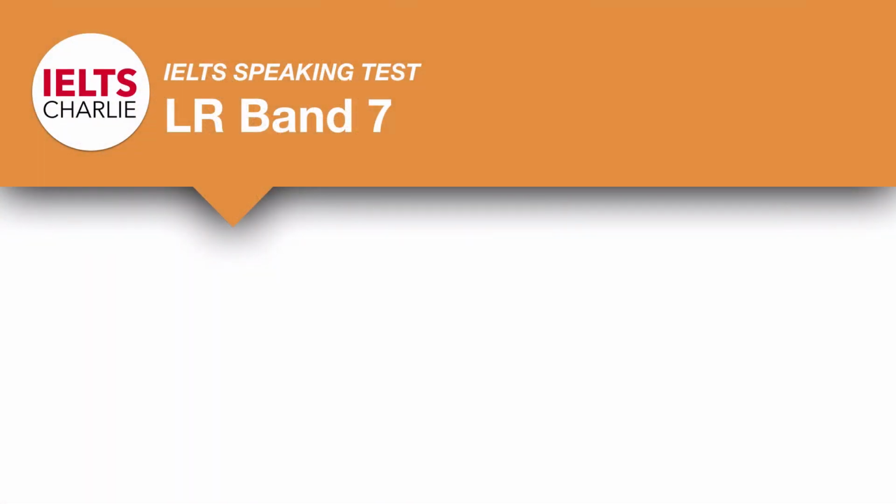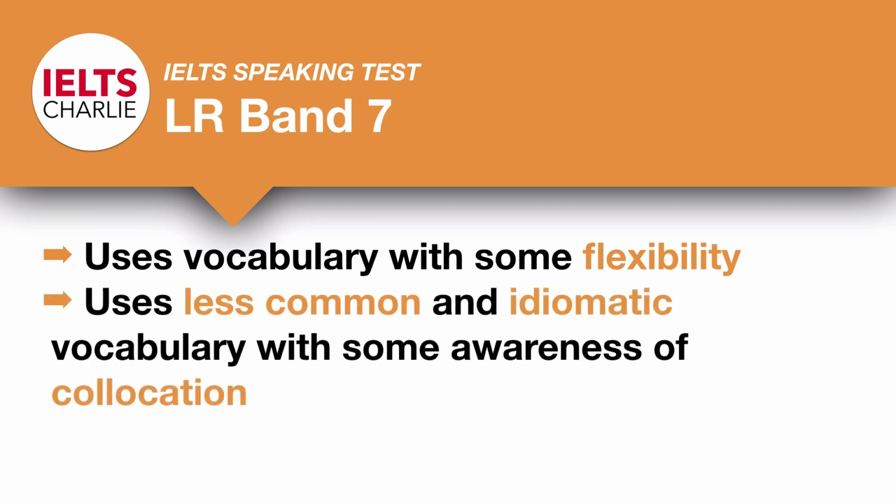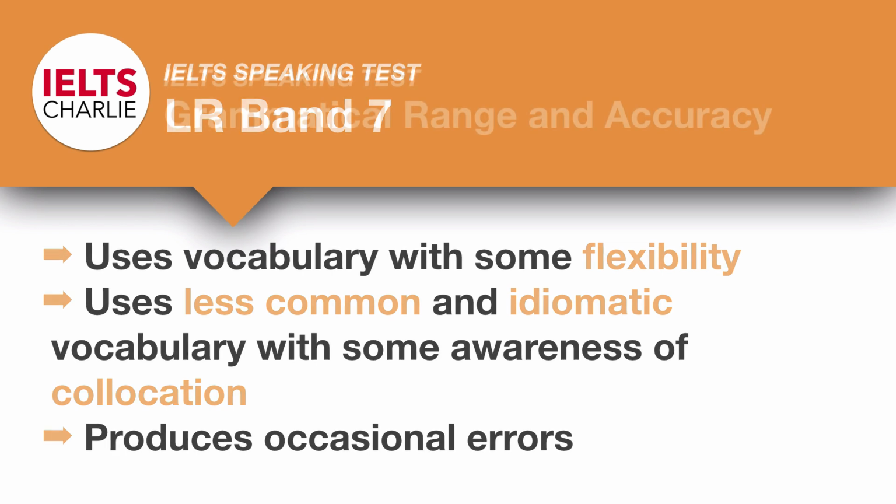To get a band 7, you should use vocabulary with some flexibility, and you should use some less common and idiomatic vocabulary, and maybe show some awareness of collocation, how words go together. But you can, for band 7, produce occasional errors. You don't need to be perfect to get a band 7.